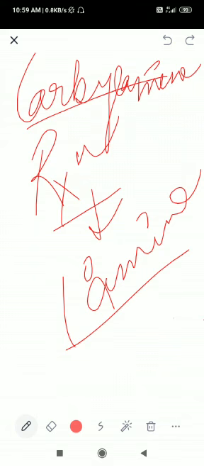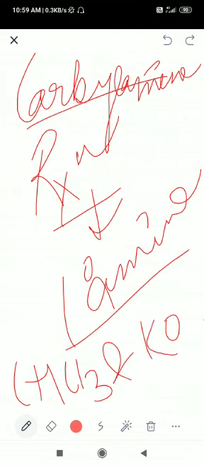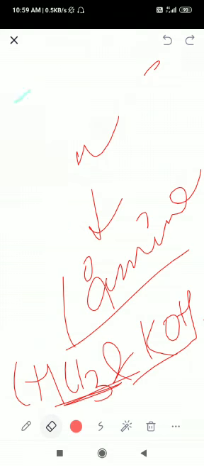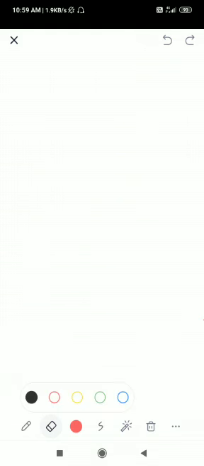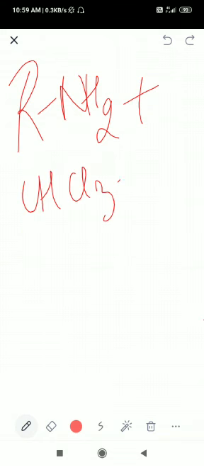So here we use chloroform and KOH. This is chloroform and we add any base to it. These both are the reagents that we use. So let us write the reaction. We have any 1-degree amine RNH2 plus CHCl3 plus KOH.